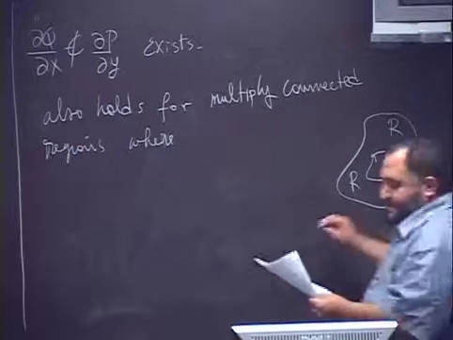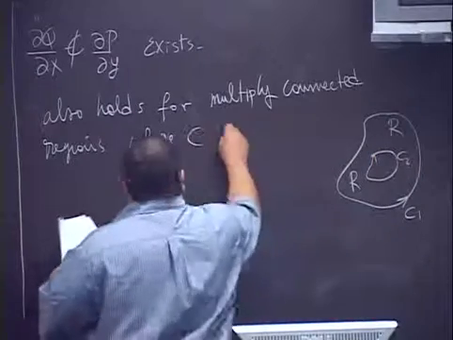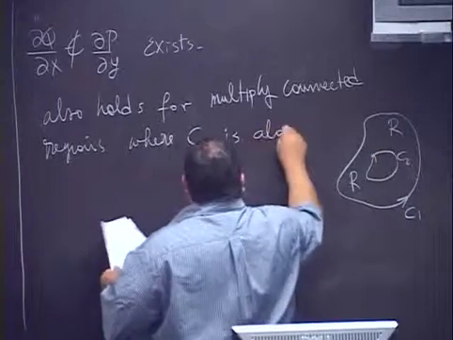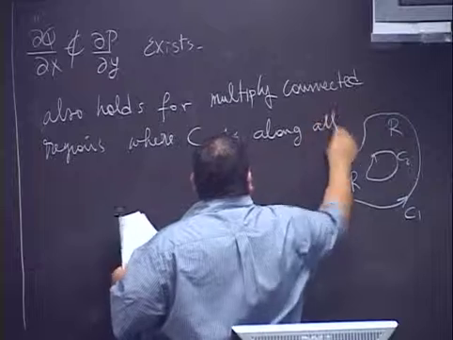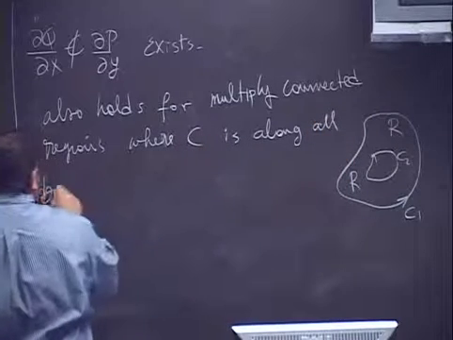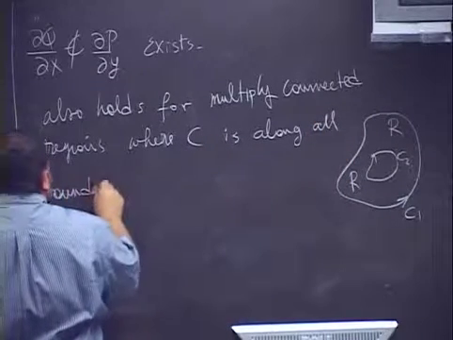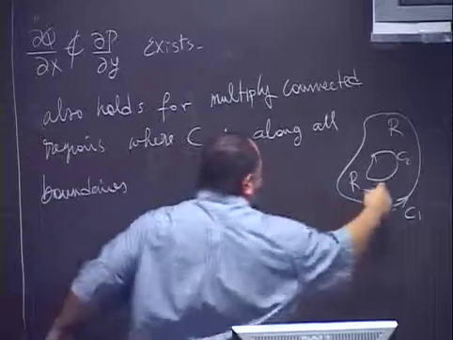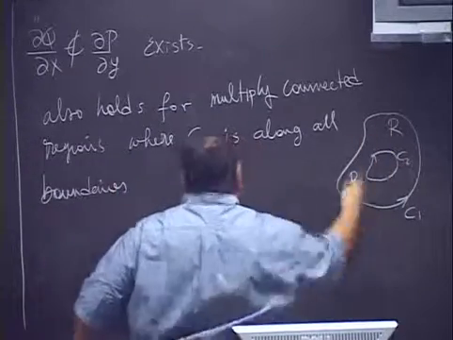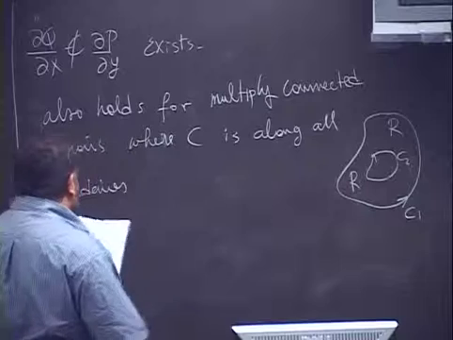where in this case C is along all boundaries of the region. So C1 and C2 are along all the boundaries of the region that you are integrating over.